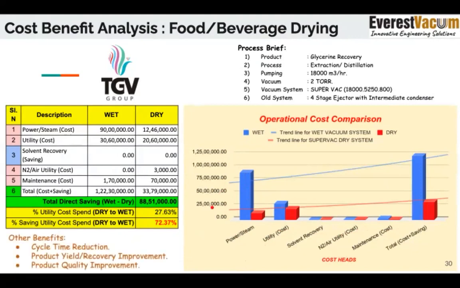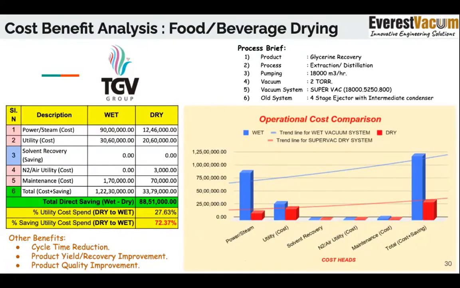Other benefits, because this is still a system which is under consideration, that the customer will anticipate is cycle time reduction. Definitely he'll get cycle time reduction. Product yield recovery improvement.